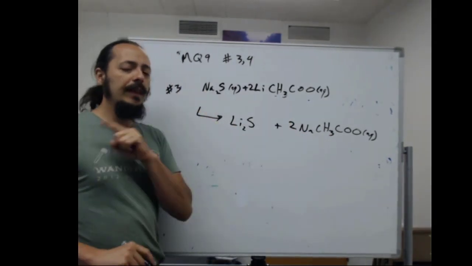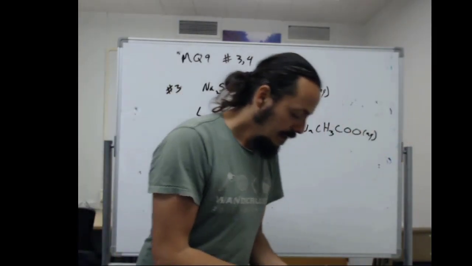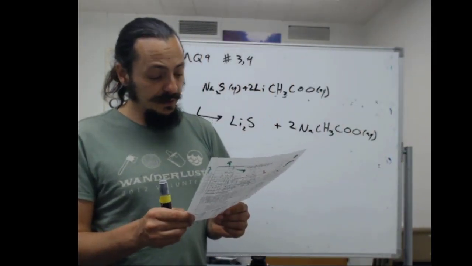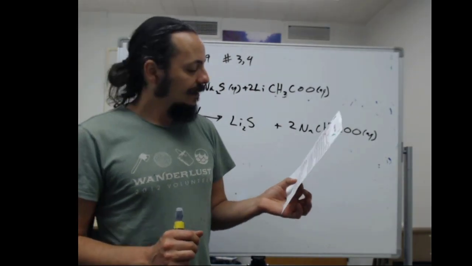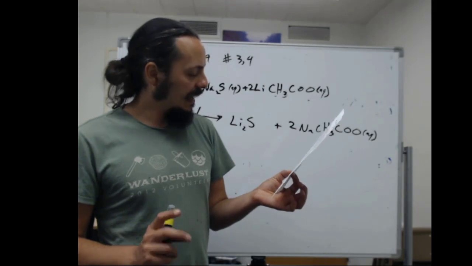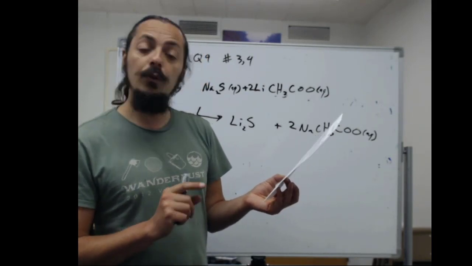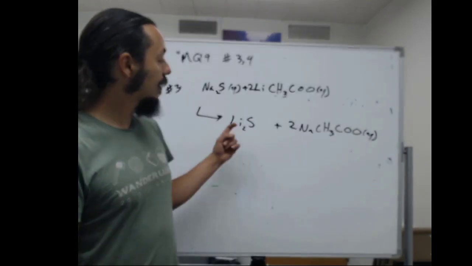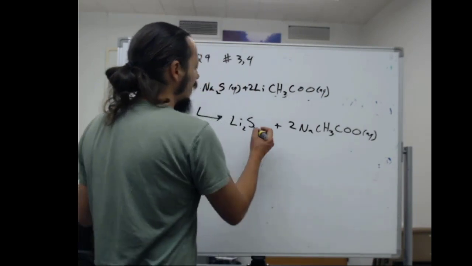Now, is lithium sulfide a solid or not? Looking at my solubility rules, insoluble rule number 3 says sulfide, S2-, is insoluble except with group 1 and group 2. Lithium's in group 1. So this is actually going to be aqueous.